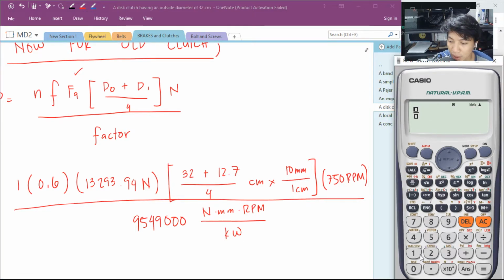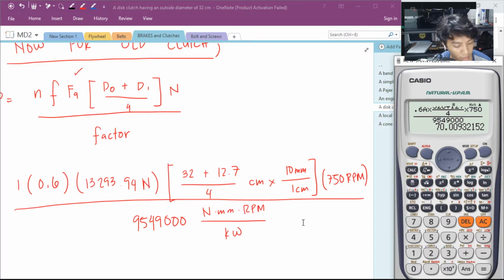So, solve ulit natin. 0.6. Recall natin si A. Multiply to 320 plus 127 divided by 4 times 750. Divide by 9549123.